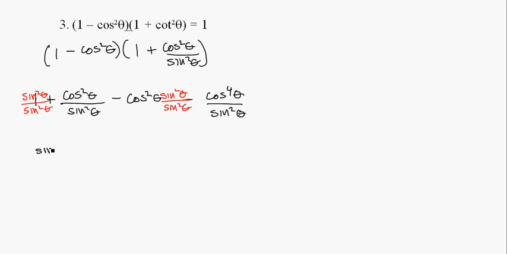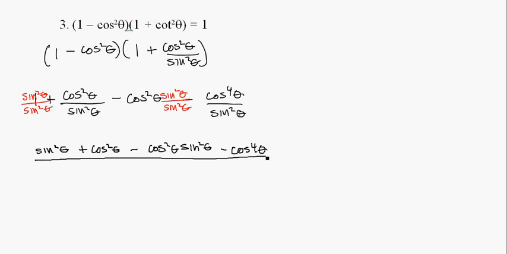So we get sine squared theta plus cosine squared theta minus cosine squared theta sine squared theta minus cosine to the fourth theta all over sine squared theta. Sine squared plus cosine squared is equal to 1.